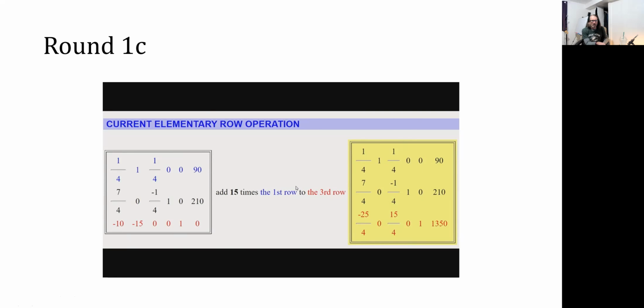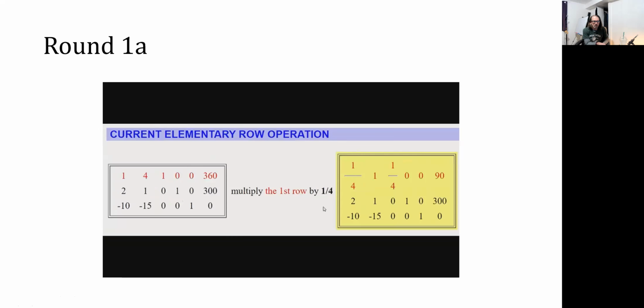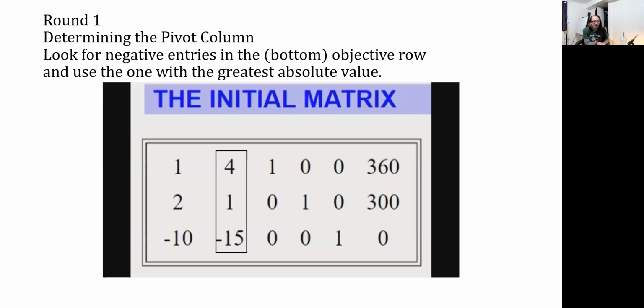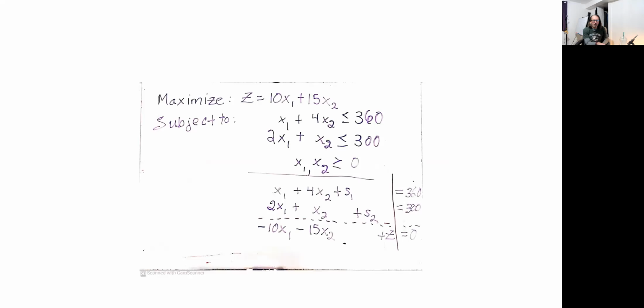In fact, let me back up a little bit here. You can plug in the 90 for x sub 2 to see we're getting z is 1350. And 0 plus 4 times 90, that is 360. 0 plus 90, that's less than or equal to 300, but s sub 2 was equal to 210.